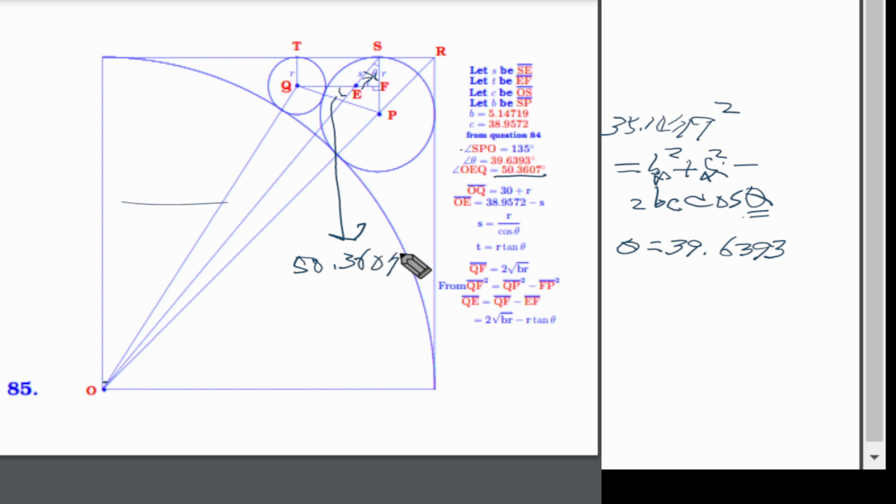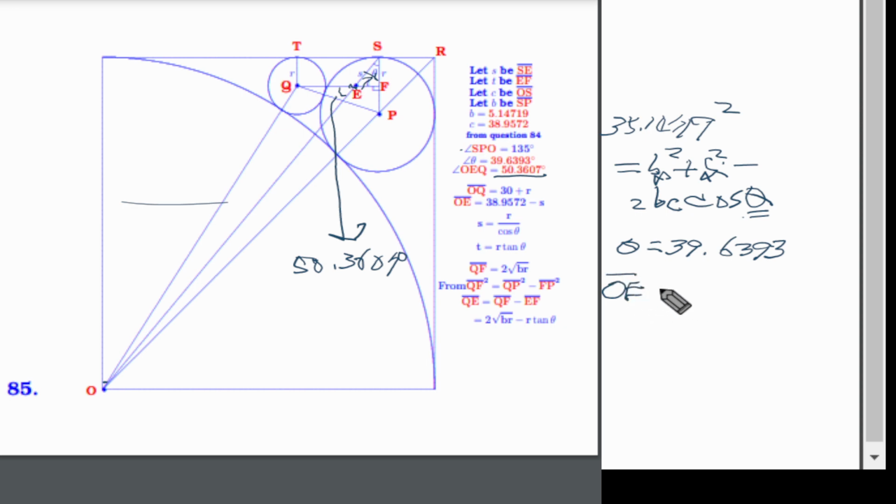50.3607 degrees. Right? Now, after we get those data, we need to get the length of EO or OE.